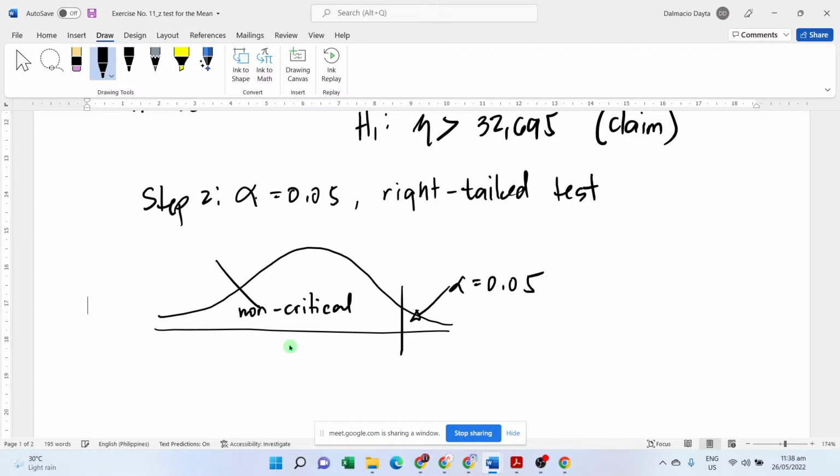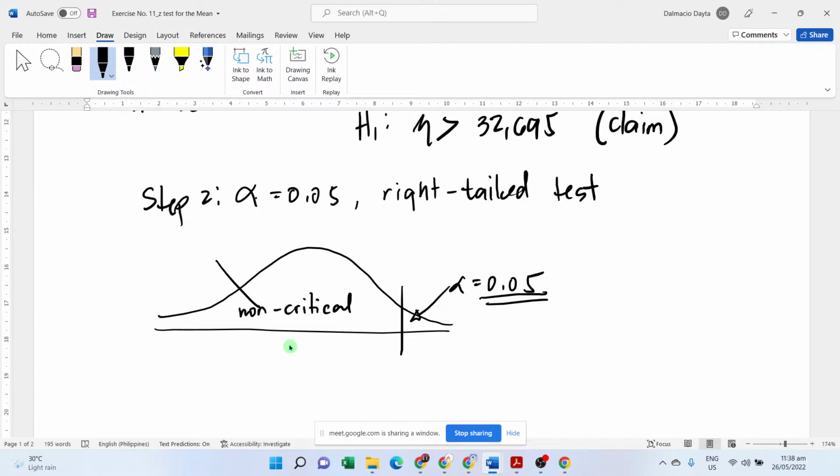Ulitin nga natin, although we have already mentioned this in the previous lesson, hypothesis testing, traditional method. If this is 0.05, the Z table that we are using shows the area to the left of the Z value on the curve.